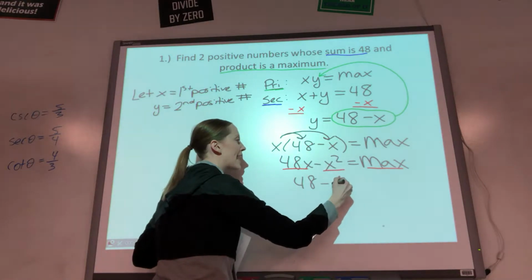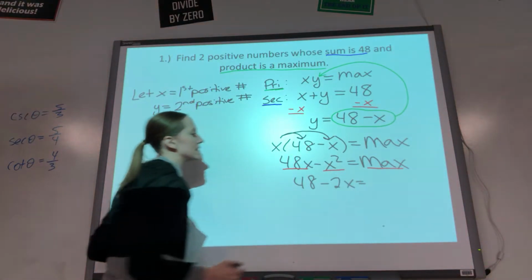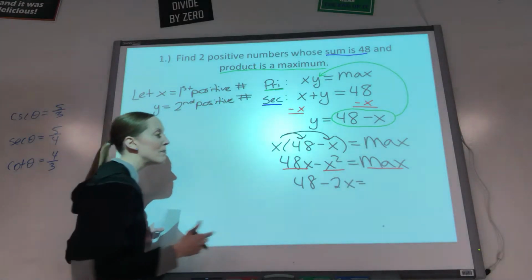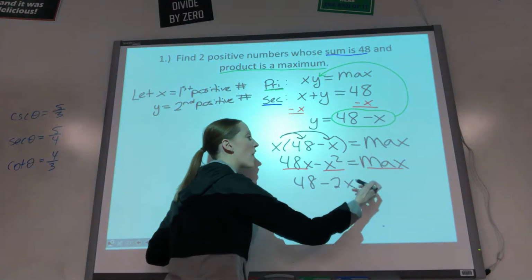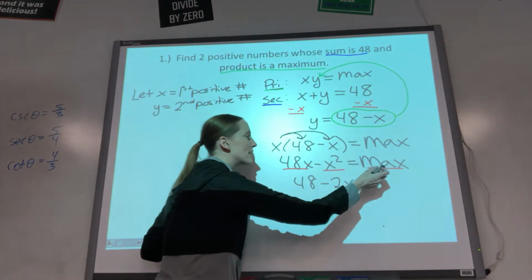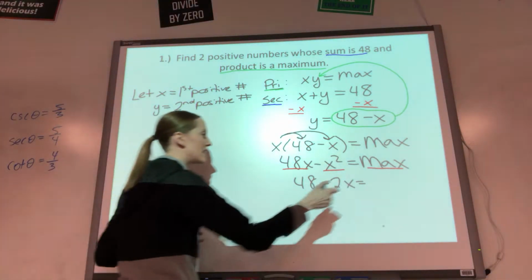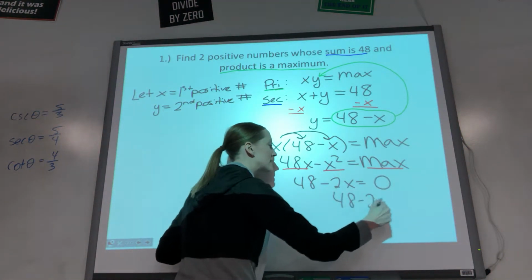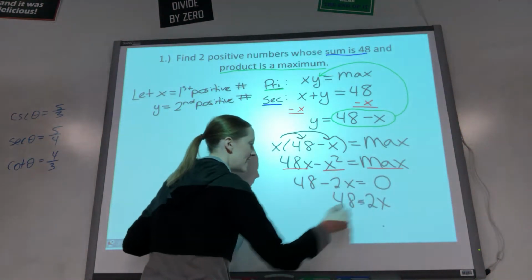Derivative of a negative x squared is a negative 2x. I don't know what the max is, but I know it's a constant. It should just be some number. And what's the derivative of any constant? 0.